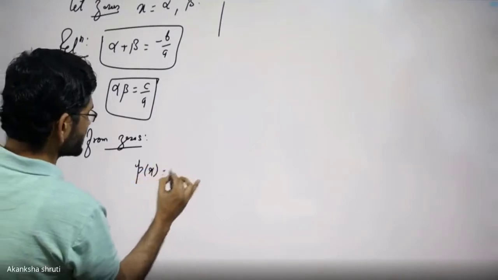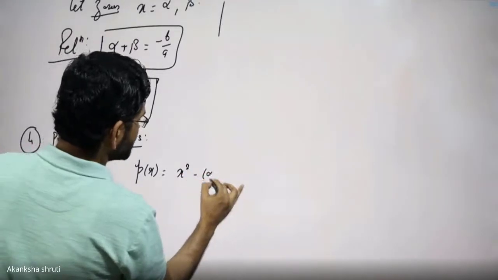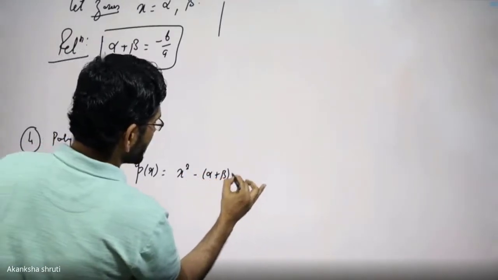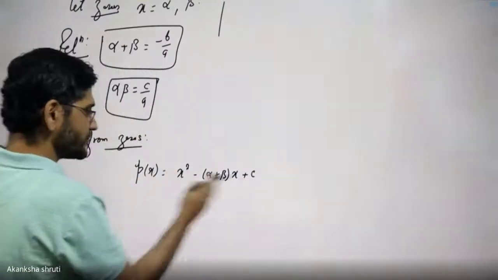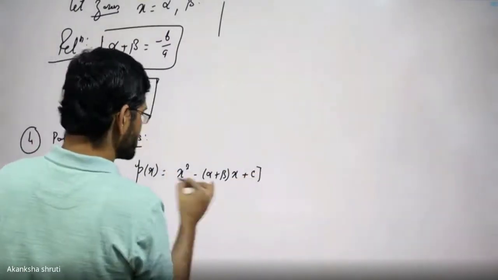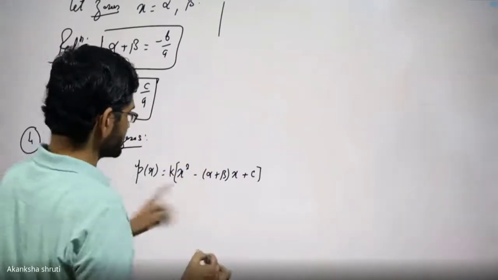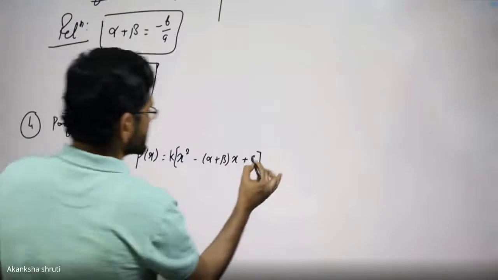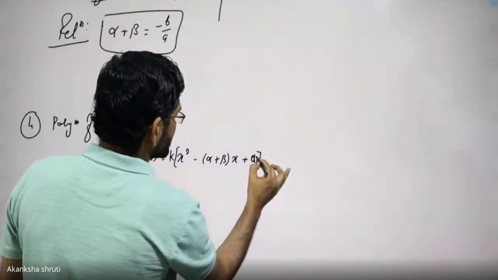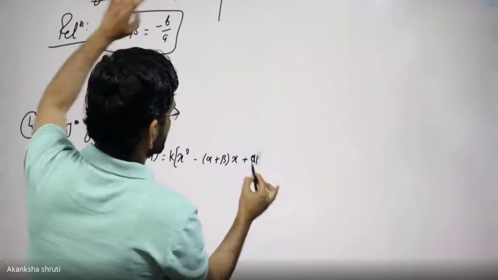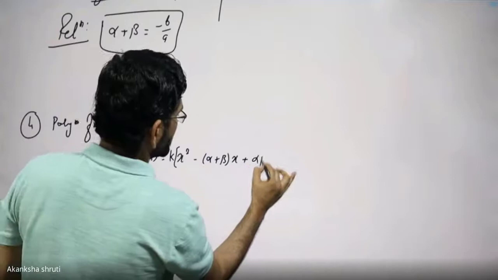So p(x) is given by x square minus the sum of zeros into x plus a constant. Since there could be infinite such polynomials if it is multiplied with a constant, the standard form is this one. Student, the constant value is obtained by alpha beta, not as c. So we need to write here alpha beta into alpha beta.